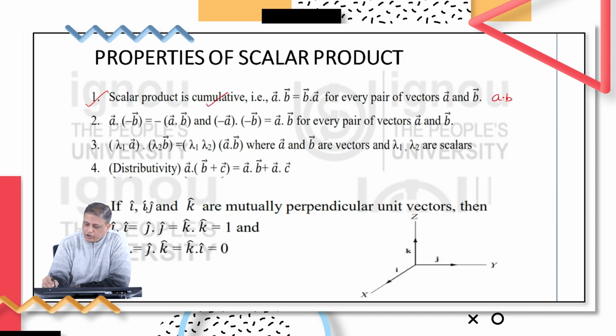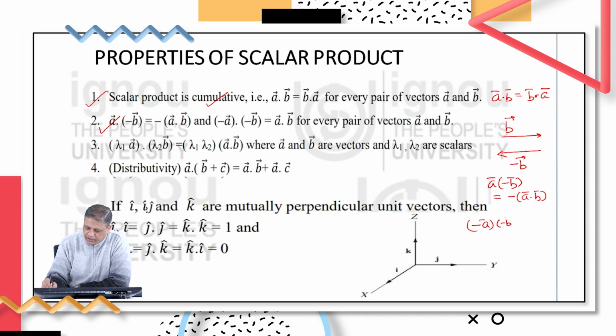Commutative property says that A dot B is equal to B dot A. Similarly, we also learned in the last session that if vector B is in this direction, then if the direction is reversed, the vector will be minus B, having the direction opposite to that of vector B. So A dot minus B can be rewritten as minus of A dot B. And apart from this, we can also say that minus of A vector into minus of B vector is always equal to A vector dot B vector.